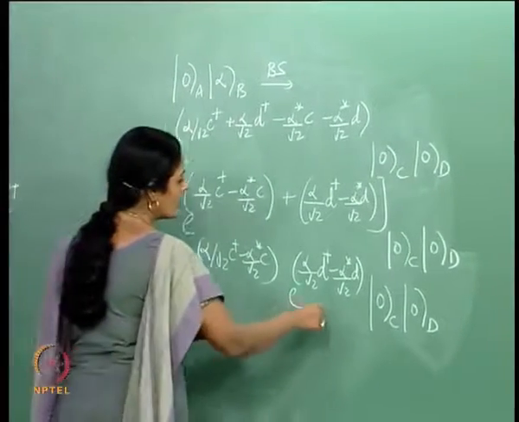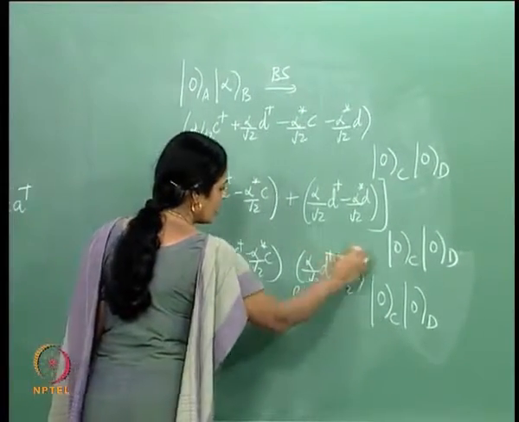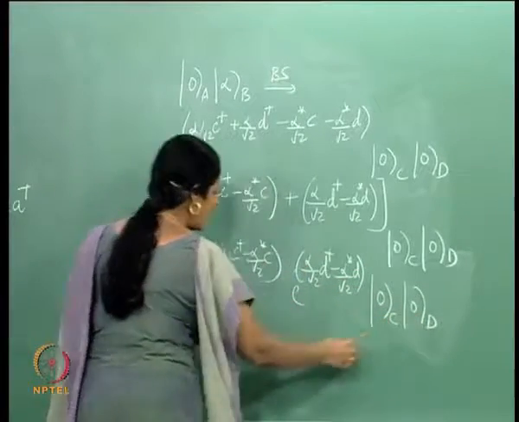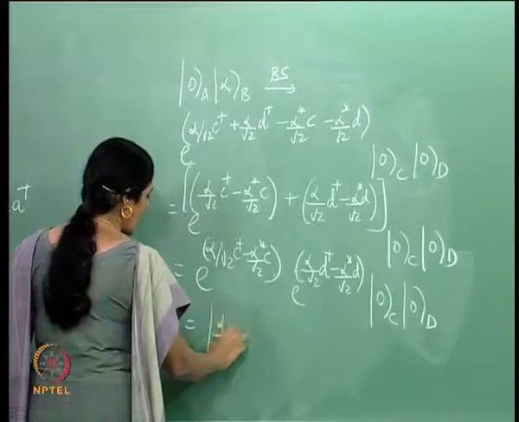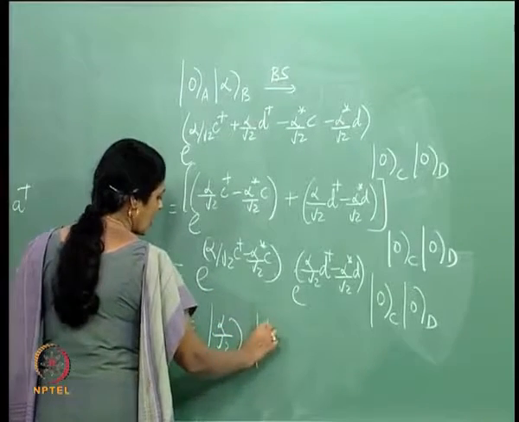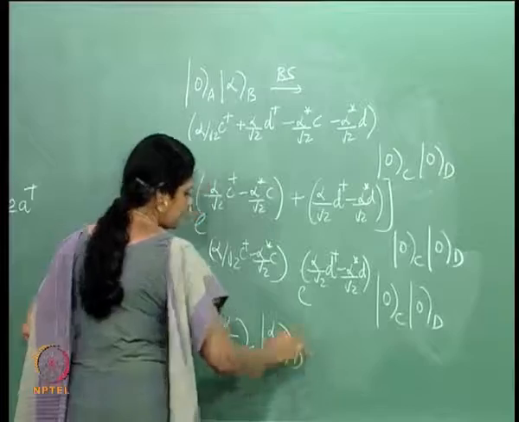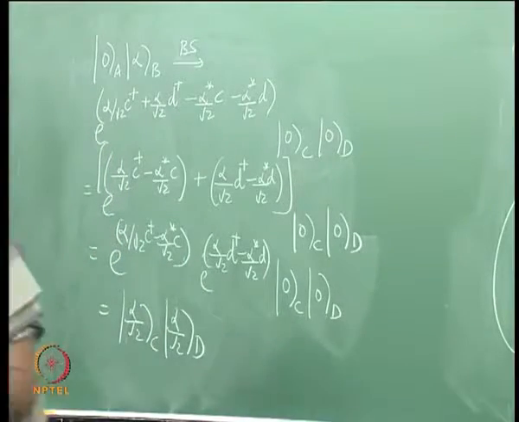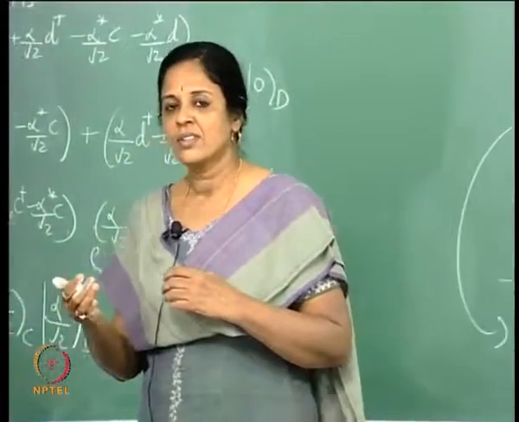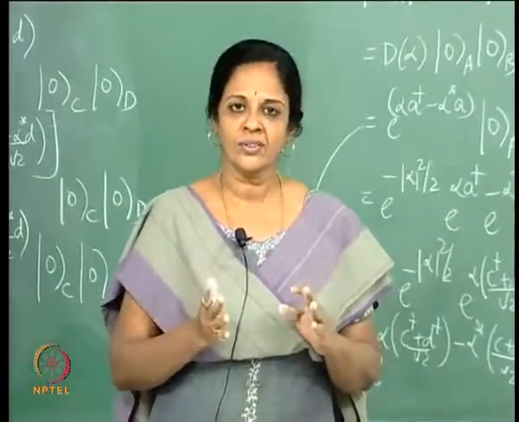Well, that is just going to give me, when this object acts on 0 d and this object acts on 0 c, alpha by root 2 c, alpha by root 2 d. In other words, I started with a coherent state going through one input port and ket 0 in the other.